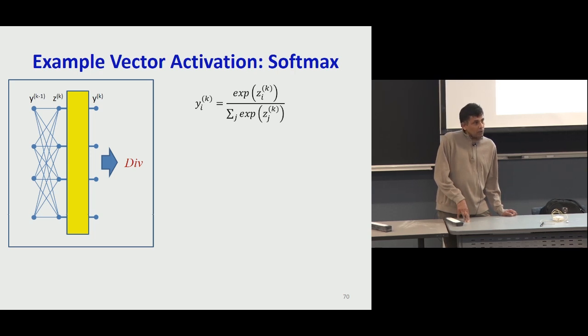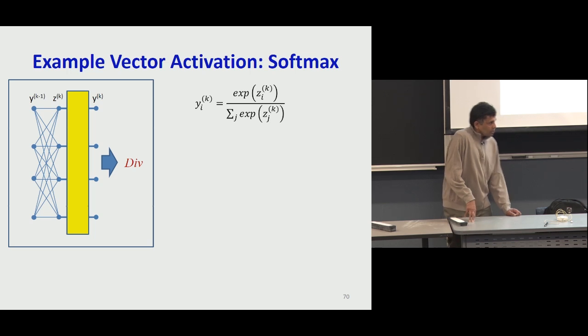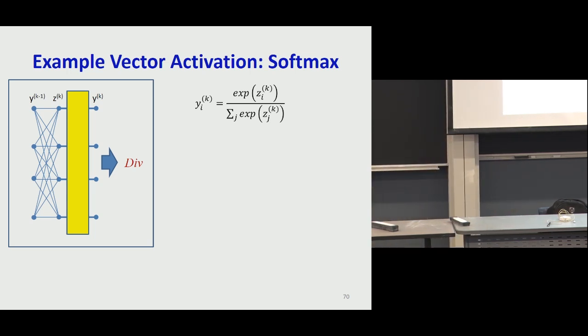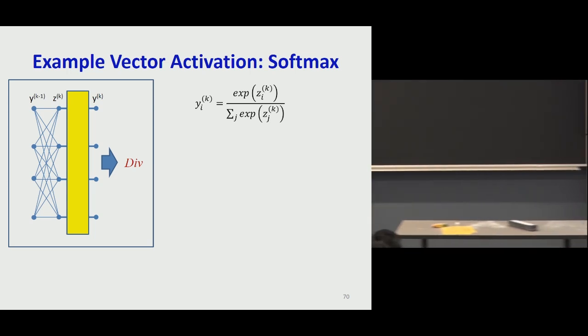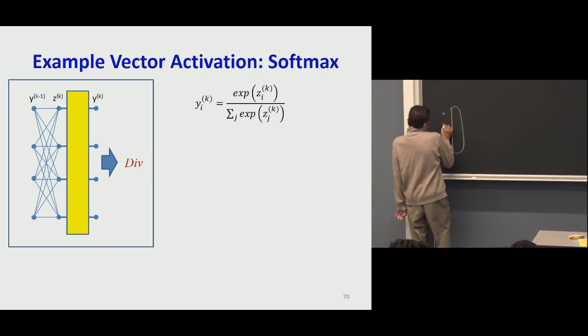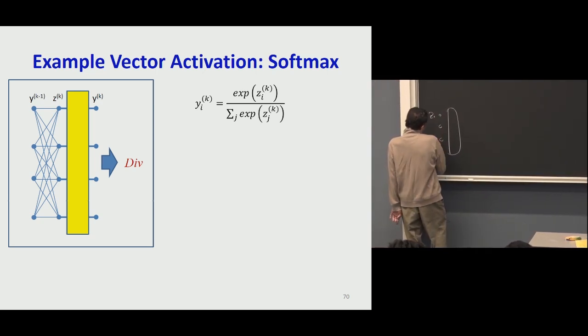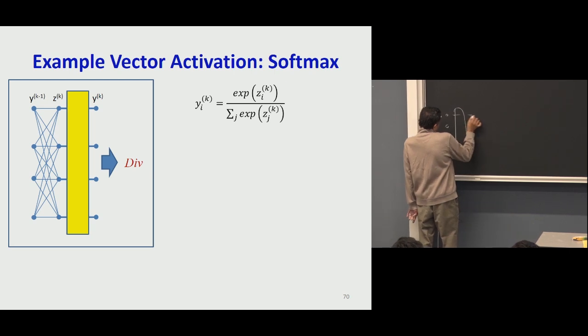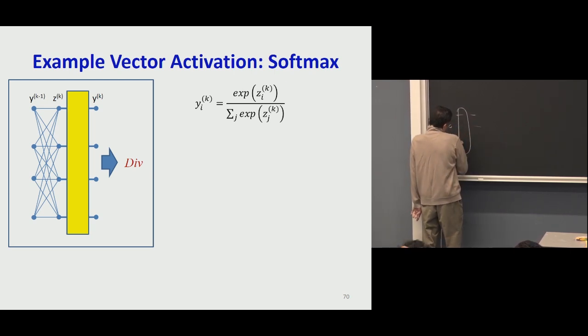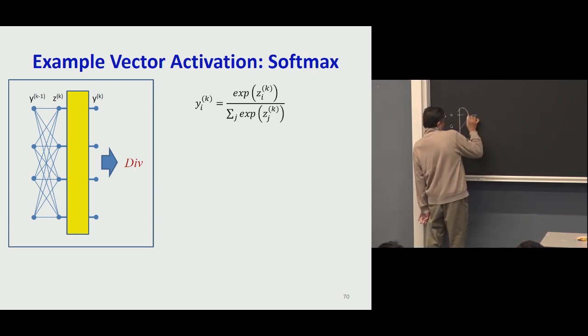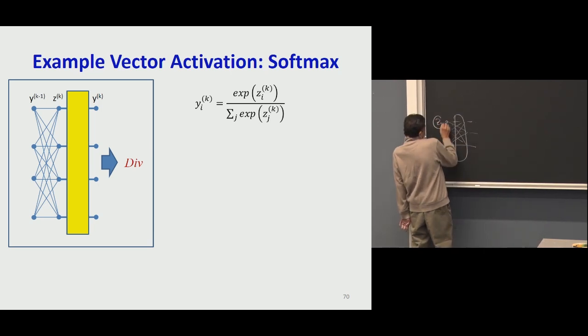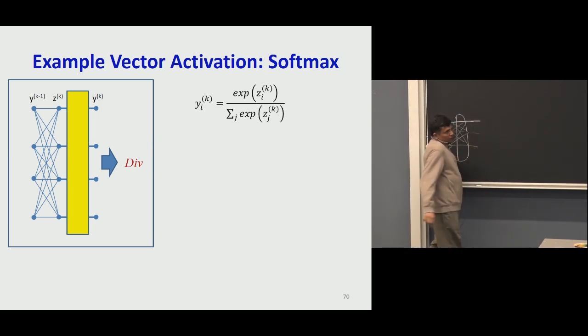So changing any particular z is going to, so I have in the softmax, let's say I have 3 z's, z1 through z3, and then each of these in turn also influences every single output. If I increase this one, this output is going to increase, but these two are going to decrease, correct?